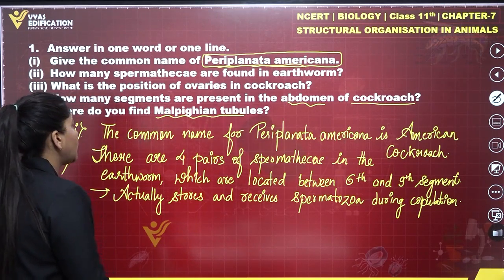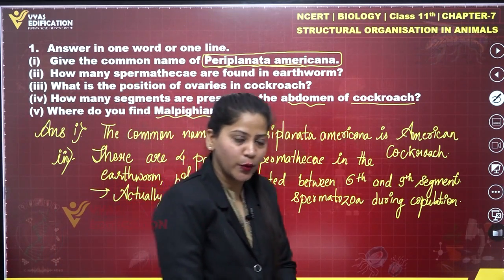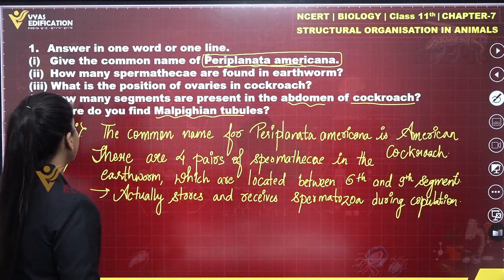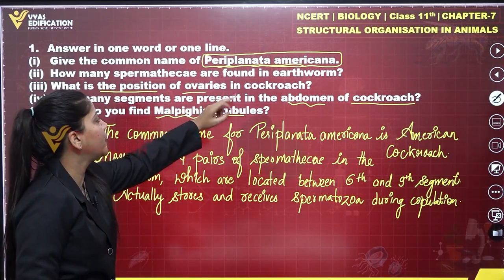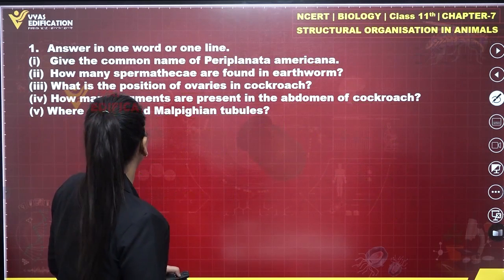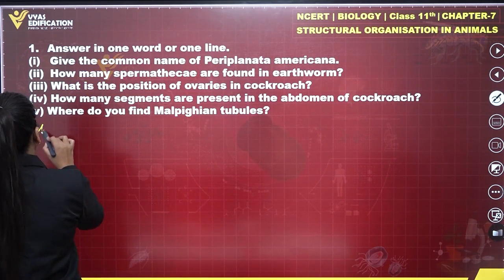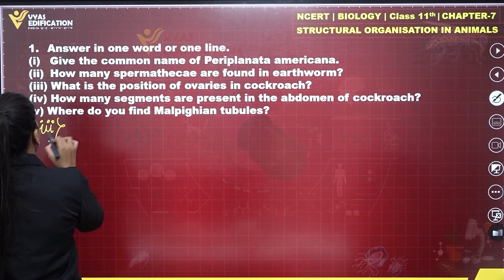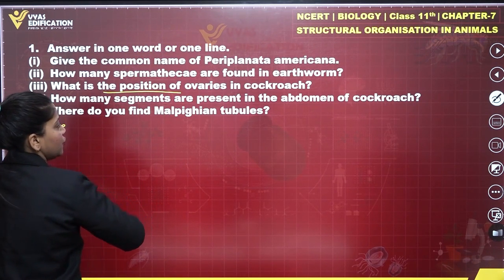Now if we write the answer of the third part of this question, the question is the position of ovaries in the cockroaches. So, moving on to the next slide, we'll write answer number 3 over here. We have to tell the position of ovaries.